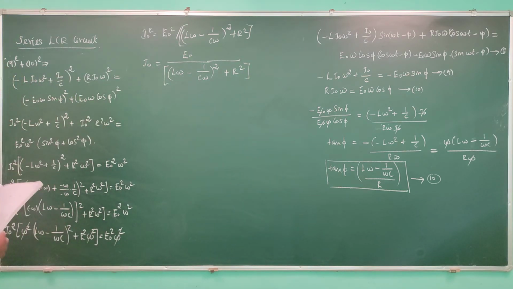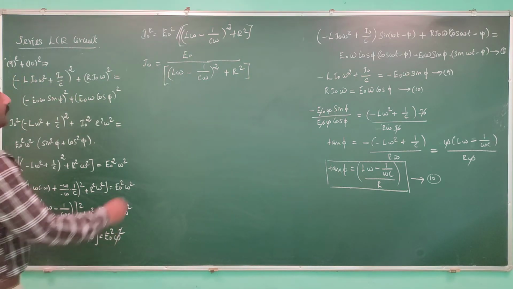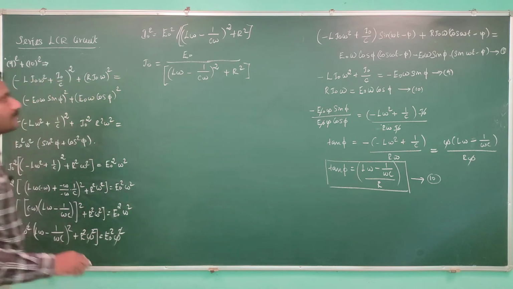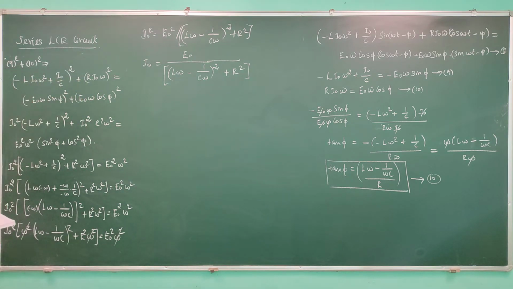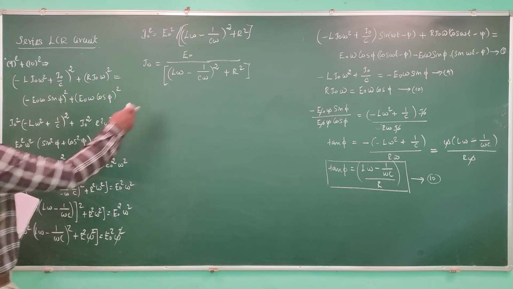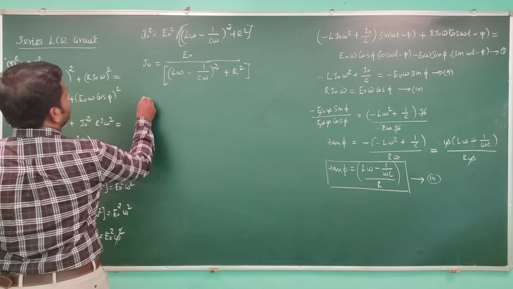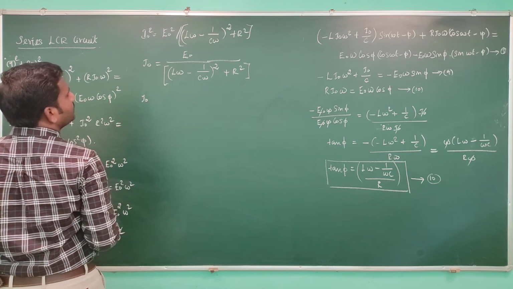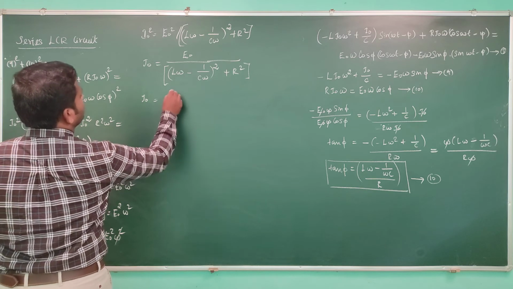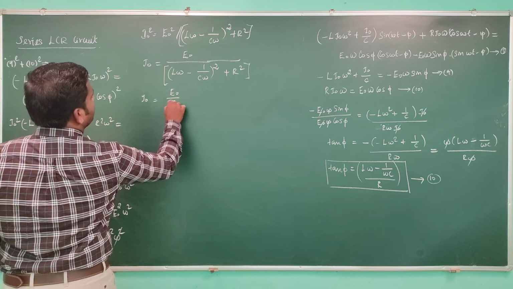Okay, now this term is denoted as impedance. This term is denoted as impedance Z. So as this term is denoted as impedance, you can rewrite this as Z, so that I naught is equal to E naught by Z.